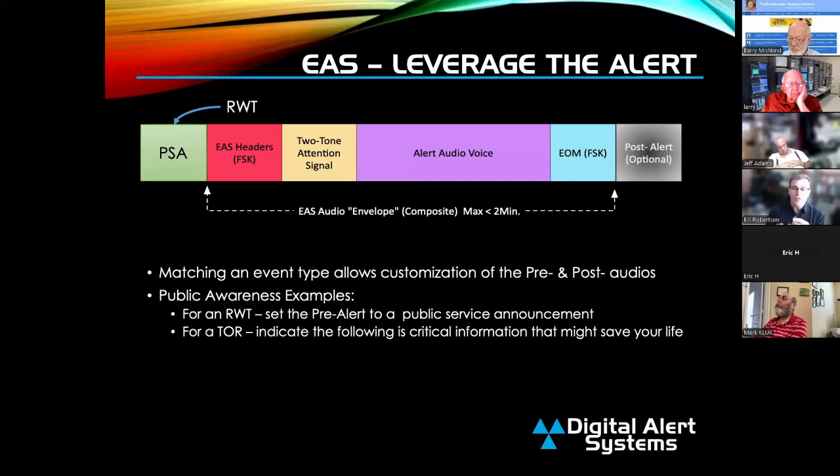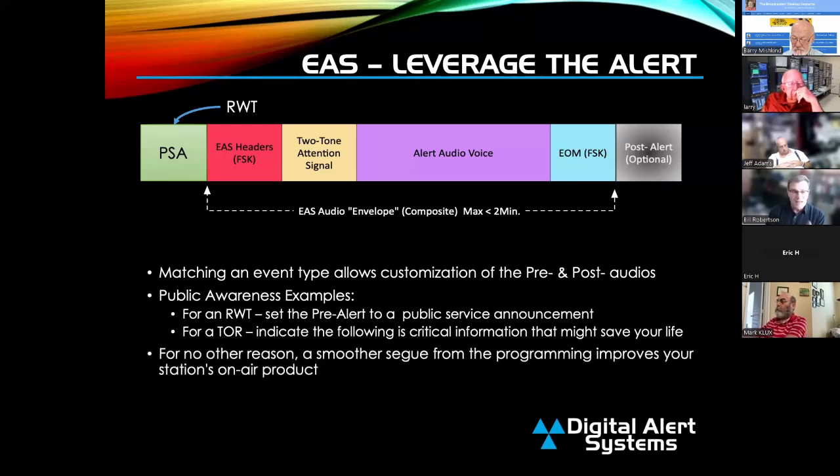You can do other things around it to make people stand up and recognize that it's not just going to be wonk, wonk, wonk. Hey, sorry to interrupt your programming. This is an important announcement regarding this event that's coming on. Being able to segue between that and introduce the alert based on the alert type could really improve the on-air product of the station.